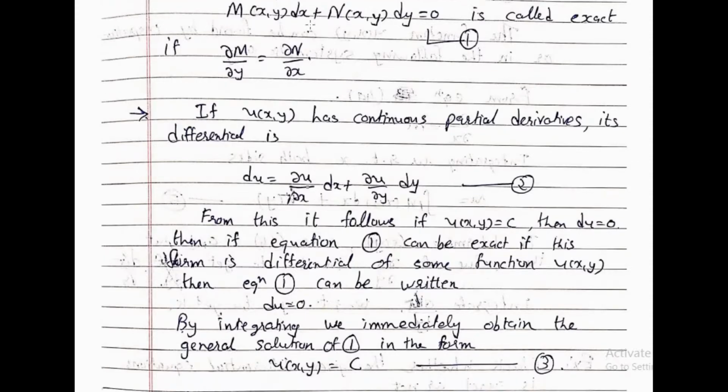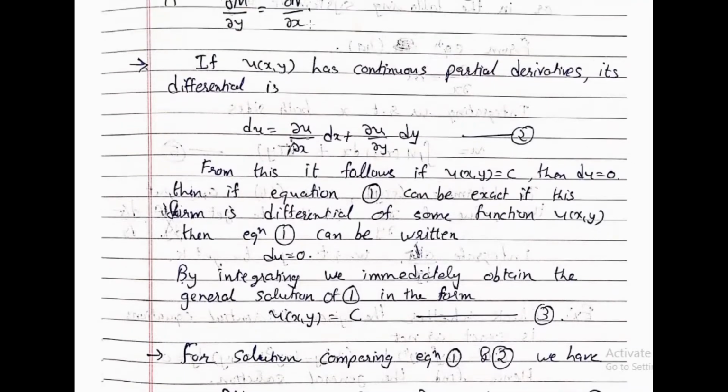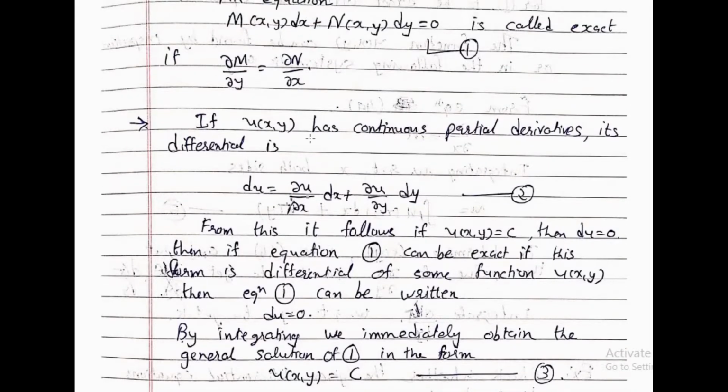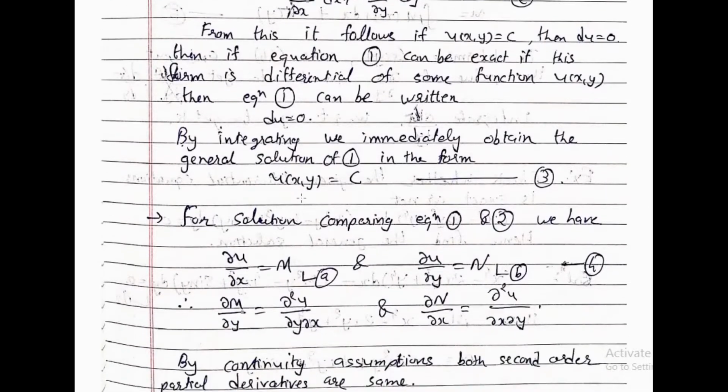So what we are going to do is compare equation 1 and 2, and since du is equal to 0, that will give you M is equal to del u by del x and N is equal to del u by del y, correct?